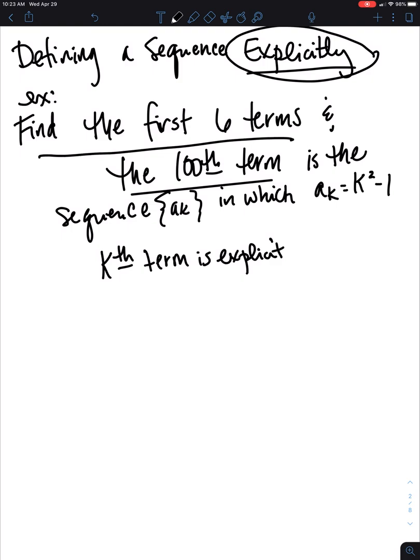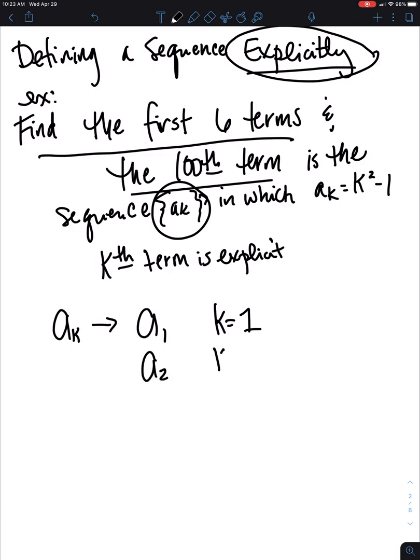So right here defines a_k. If we say a1, which is the first term, then we know that k equals 1 here. If we have a2, then k equals 2. This is the second term, and so on and so forth. I'm just trying to explain where we're going to get these numbers from.